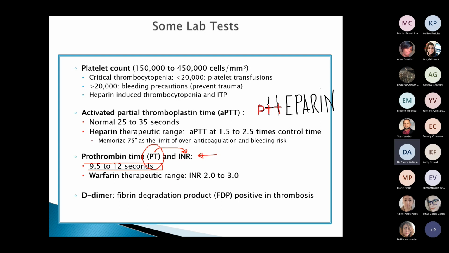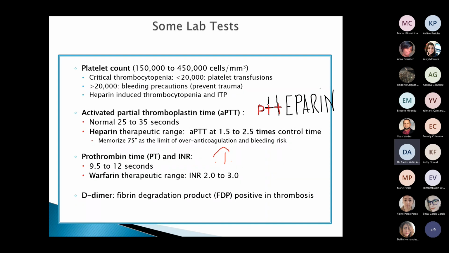You need to know that a normal person who is not taking warfarin has an INR around 1, 0.6 to 1.2.